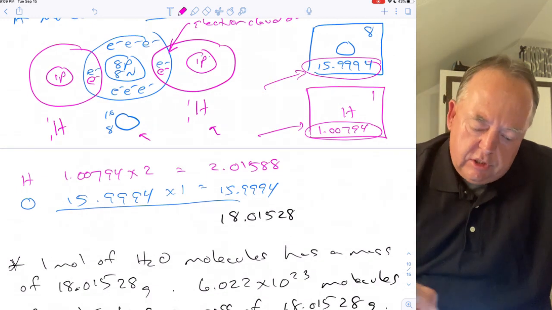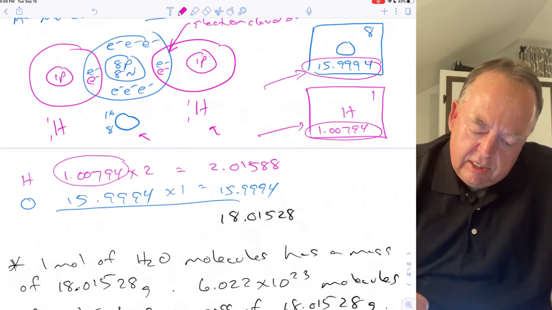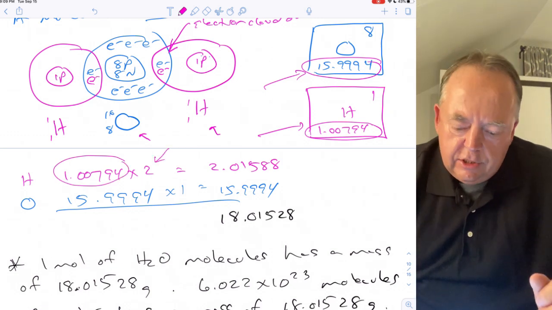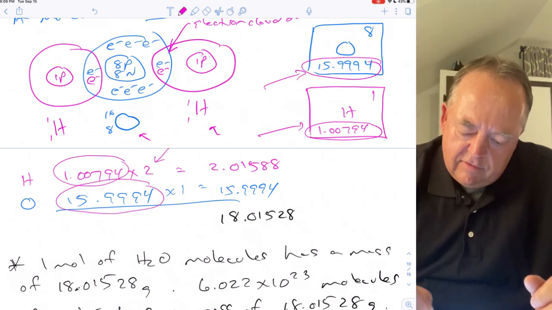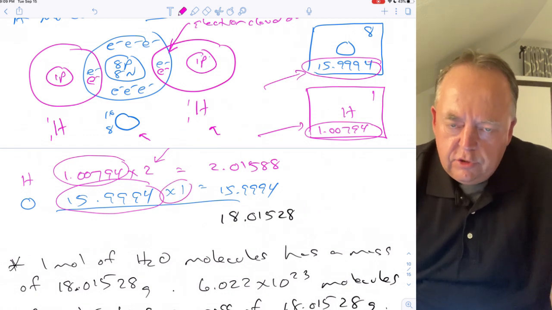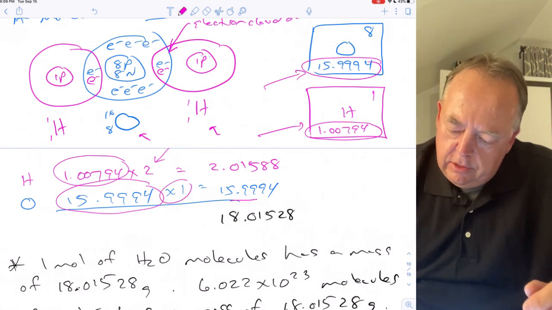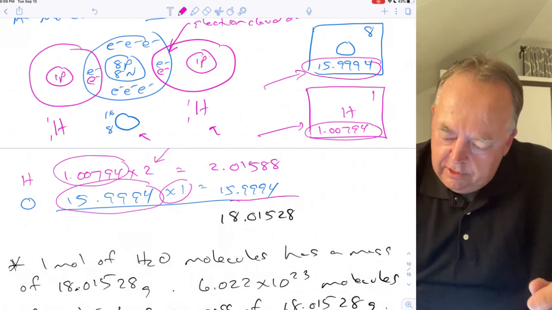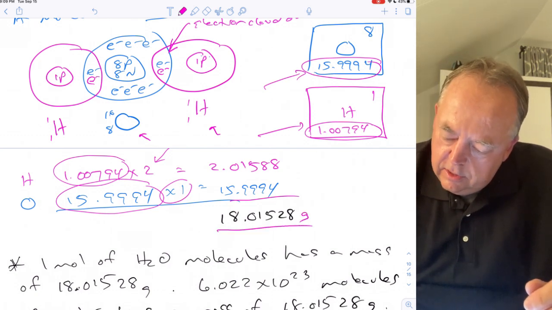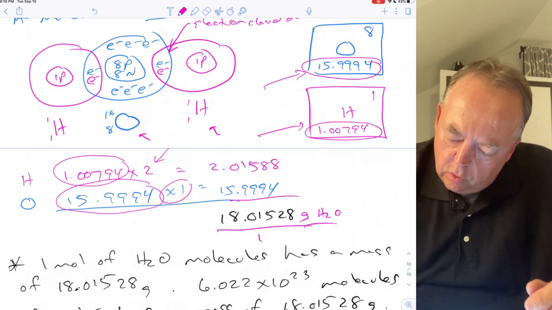But there's 2 hydrogens, so we're going to take the molar mass of 1 hydrogen and multiply it by 2 since there's 2 hydrogens. And we're going to take the molar mass of oxygen and multiply it by 1 since there's only 1 oxygen. And then add those 2 numbers together, and we get 18.01528 grams of water per 1 mole of water. So that's the molar mass.